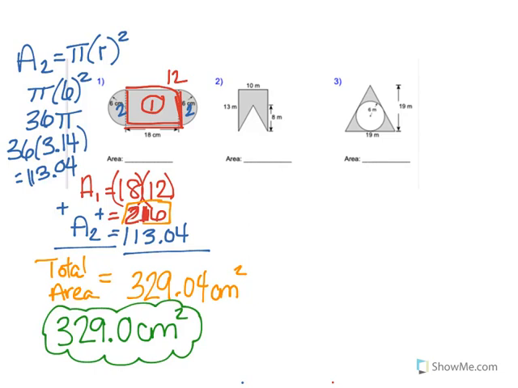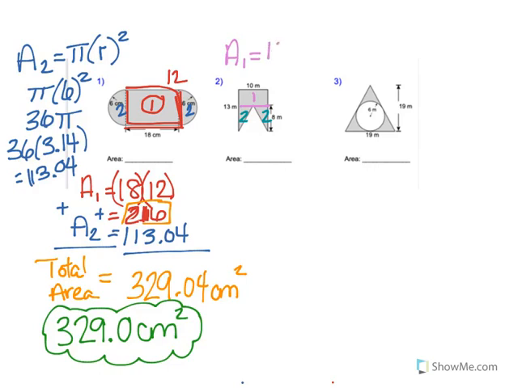Now question 2, I am going to split up this weird shape into a rectangle, we'll call that shape 1, and then I'm going to have two triangles down here, and I have to add them all together to figure out the total area. So I'll start with the easier shape, the rectangle. That's always length times width.